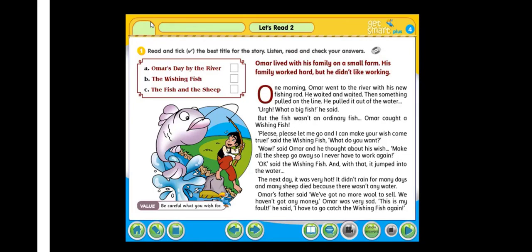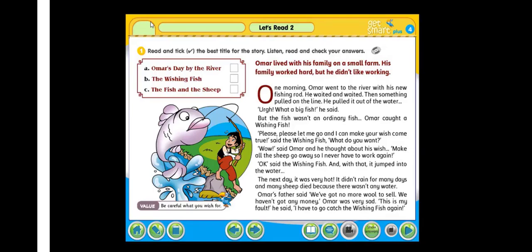Omar caught a wishing fish. "Please let me go and I can make your wish come true," said the wishing fish. "What do you want?" "Wow," said Omar, and he thought about his wish. "Make all the sheep go away so I never have to work again." "Okay," said the wishing fish. And with that, it jumped into the water.